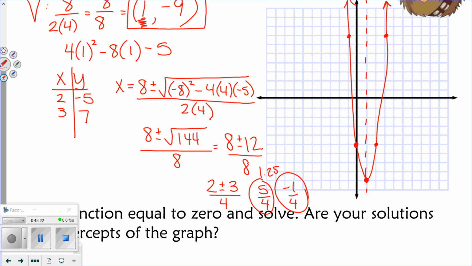So if I look at 1 and if I could actually draw a better line. I hope yours was better than mine. Oh my gosh, mine's terrible. That's terrible.